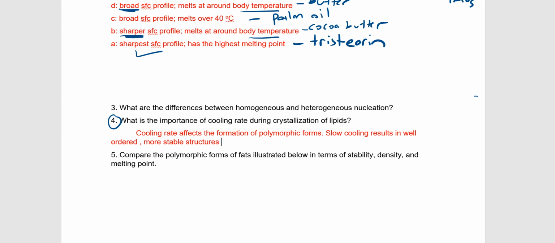Why? Because of efficient packing. In order to have a good packing, you need to cool the triacylglycerols slowly so that they will have enough time to form well-ordered, more stable structures.